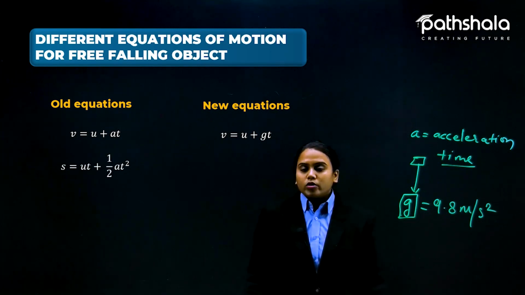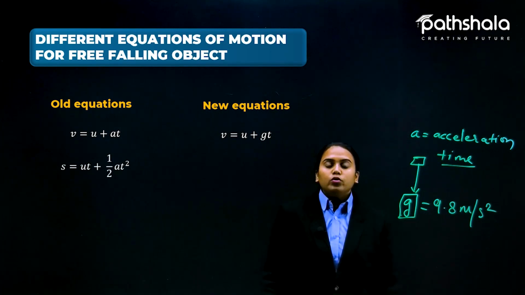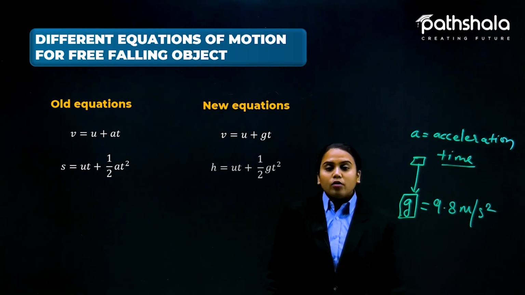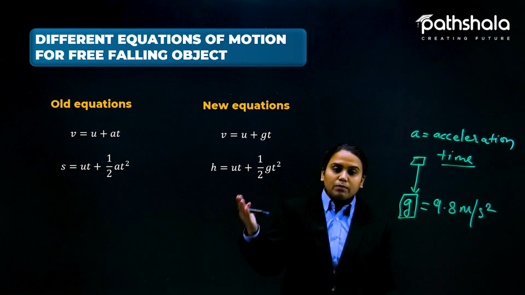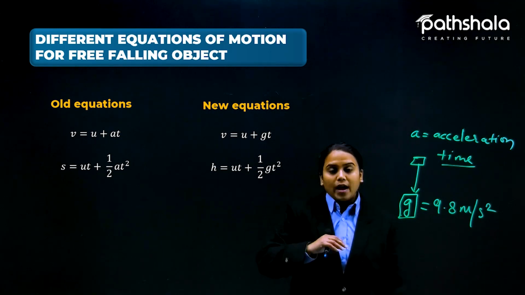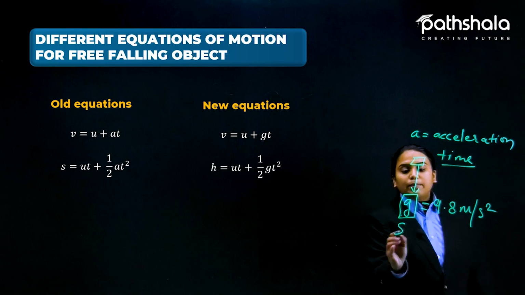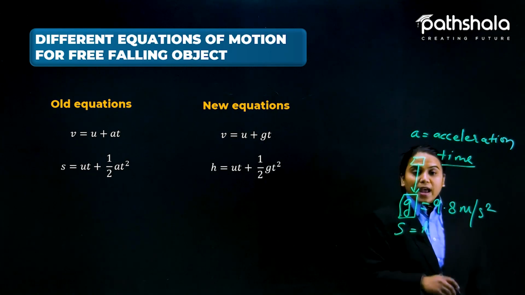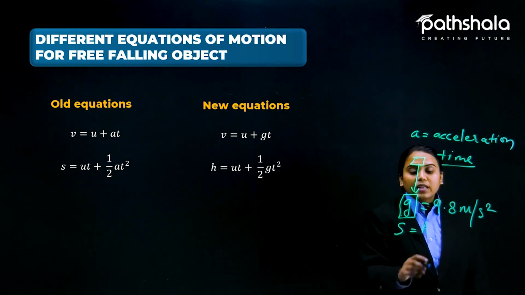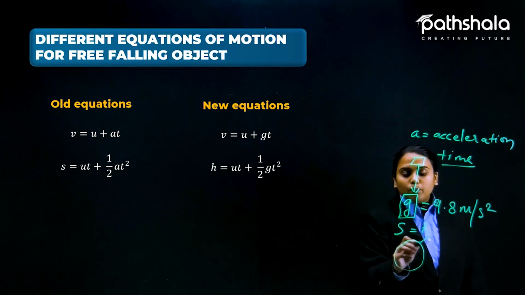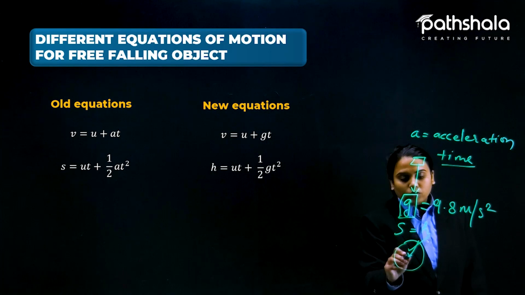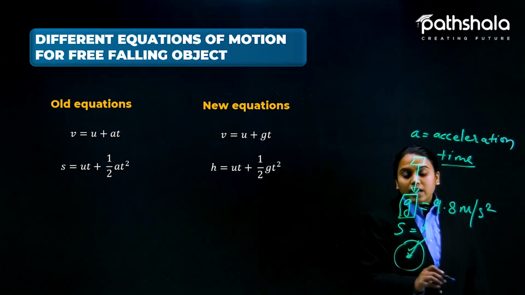And the second equation of motion is s = ut + half at square. Now this is replaced as h = ut + half gt square. Now s is replaced with h. Why? Because students, you know that the earth is spherical in shape and everything is pulled towards the core of it, towards the center of the earth.